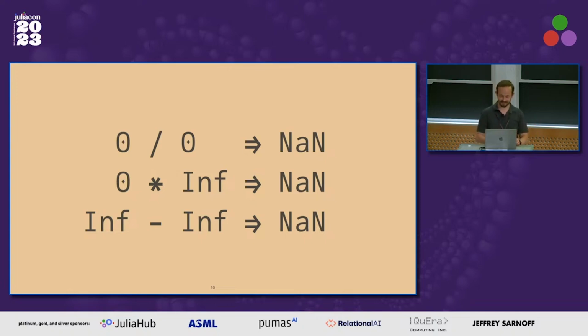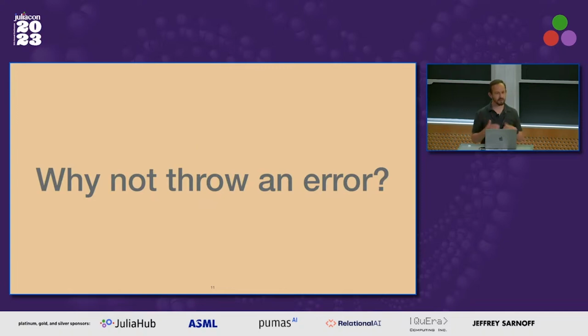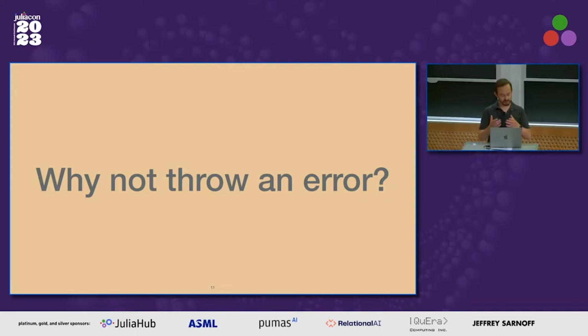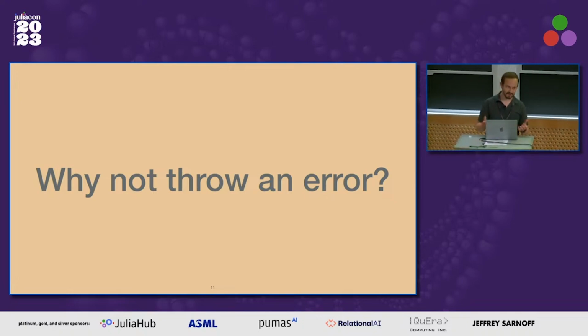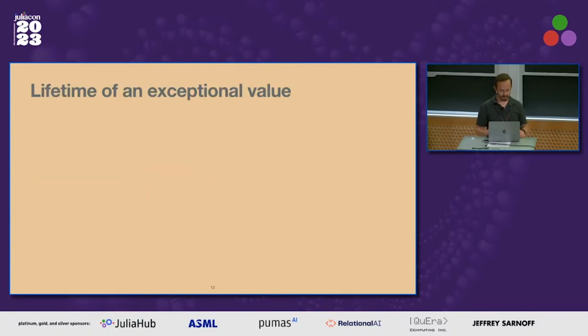So you might be wondering, why don't we just throw an error in these situations where it doesn't make sense? Well, as Kahan said, that's not necessarily the thing you want to do in every situation. So you need to use code that's tailored to your needs, but properly crafted code isn't always available, right? So hence we have exceptional values that flow through code with a lifetime that we've characterized as follows.